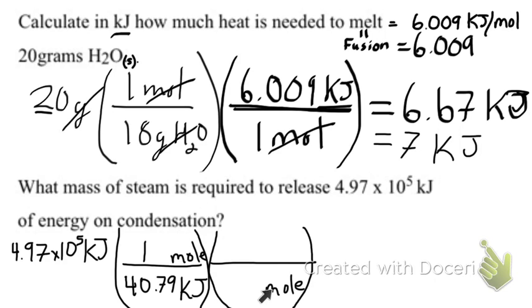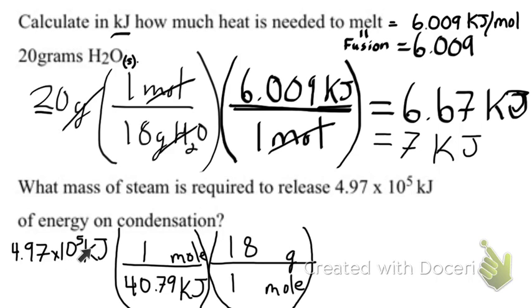And now we can go from moles to grams, which is mass. So we'll go grams on top. 1 mole, 18 grams, because we're talking about water. So if you note, when you start with kilojoules, it's the exact opposite. So whatever you ended with here, you start with here. Moles and moles stay the same.